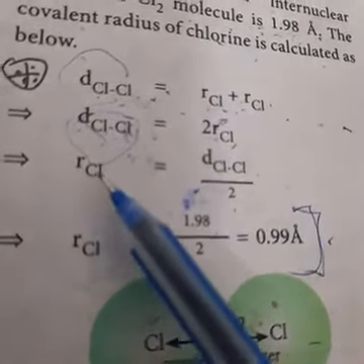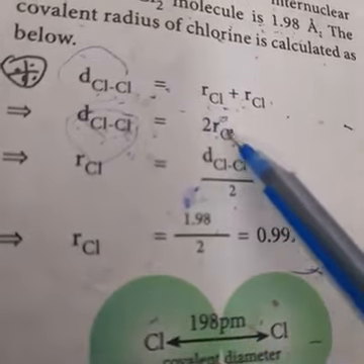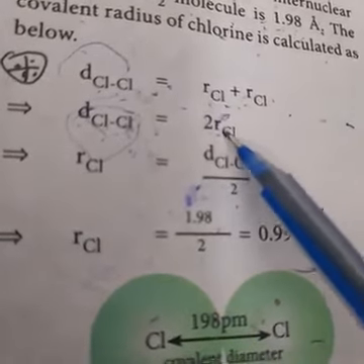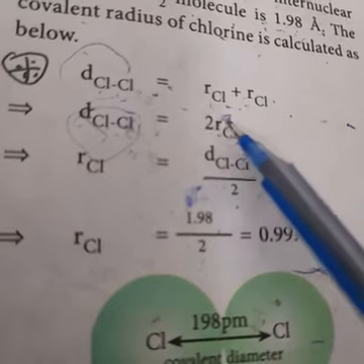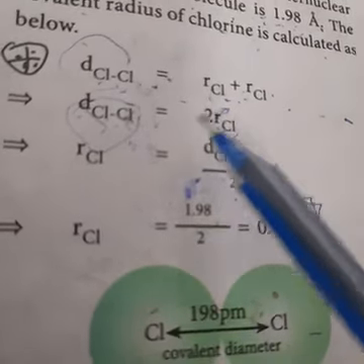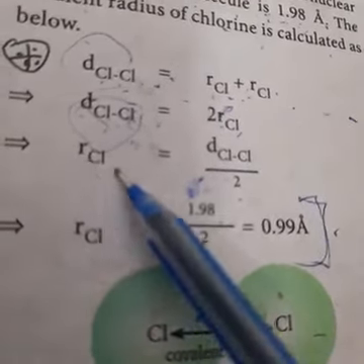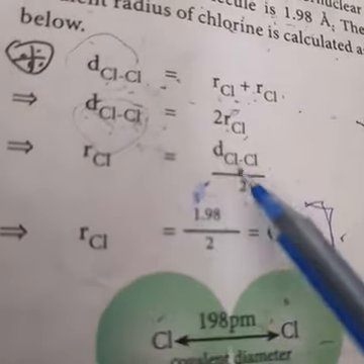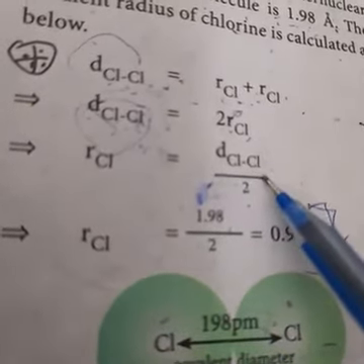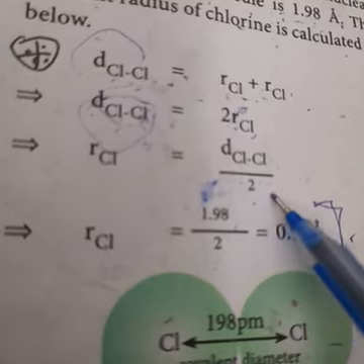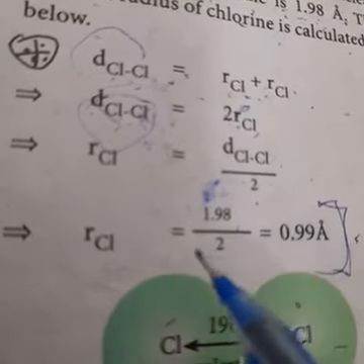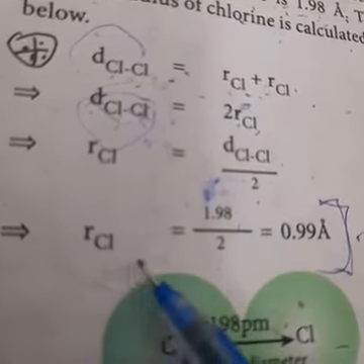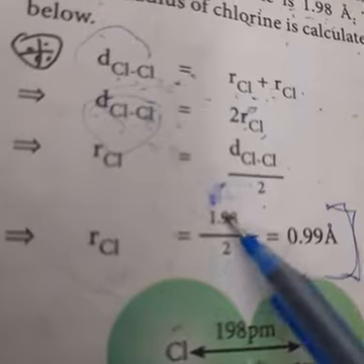So we have to calculate the covalent radius of a single chlorine atom. r(Cl) = d(Cl-Cl)/2.